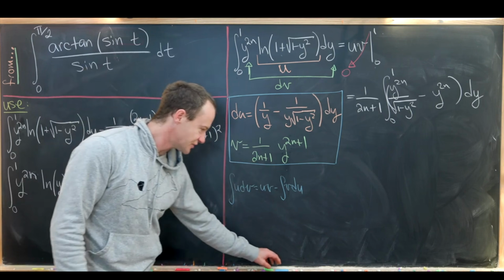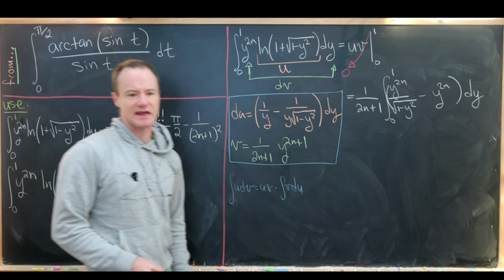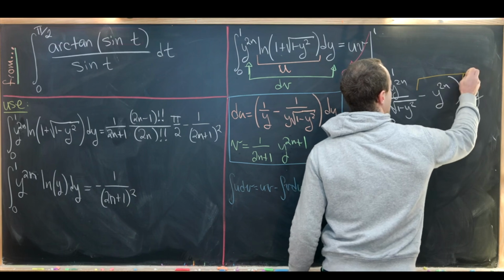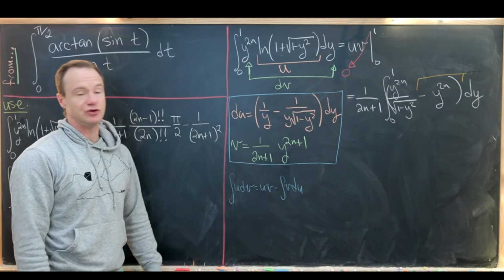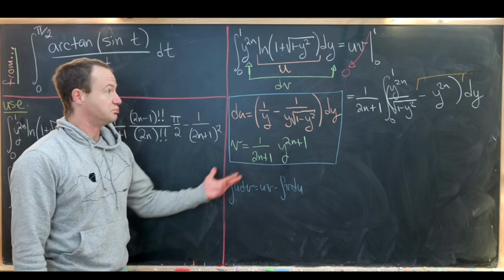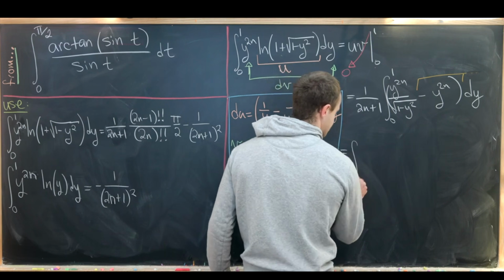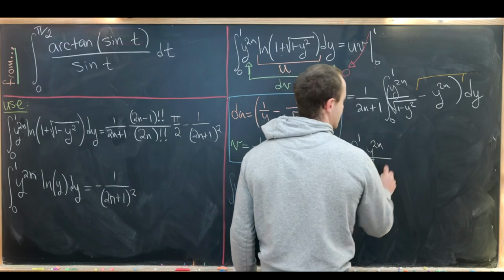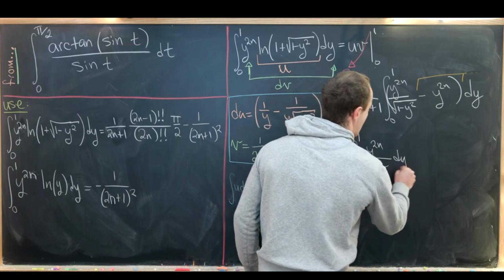Now I'd like to integrate out the part that's fairly simple, just so that we can take care of that on its own. So let's notice that this guy right here is just another copy of 1 over 2n plus 1 because of the power rule. So that's going to give us something that looks like the integral from 0 to 1 of y to the 2n over the square root of 1 minus y squared dy.